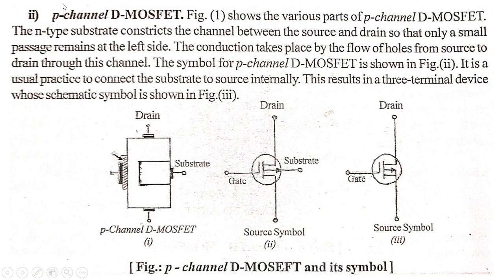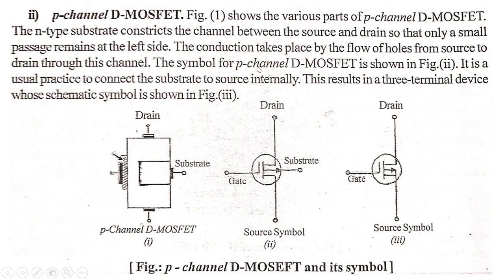Now, the P-channel D MOSFET. The figure shows the various parts of a P-channel D MOSFET. The N-type substrate constructs the channel between the source and drain, so that only a small passage remains at the left side, and the conduction takes place by the flow of holes from source to drain through this channel.